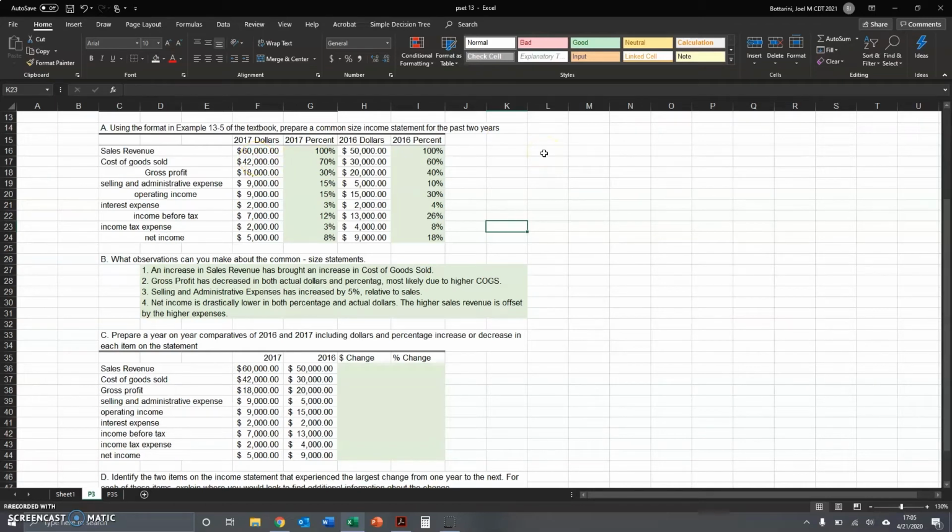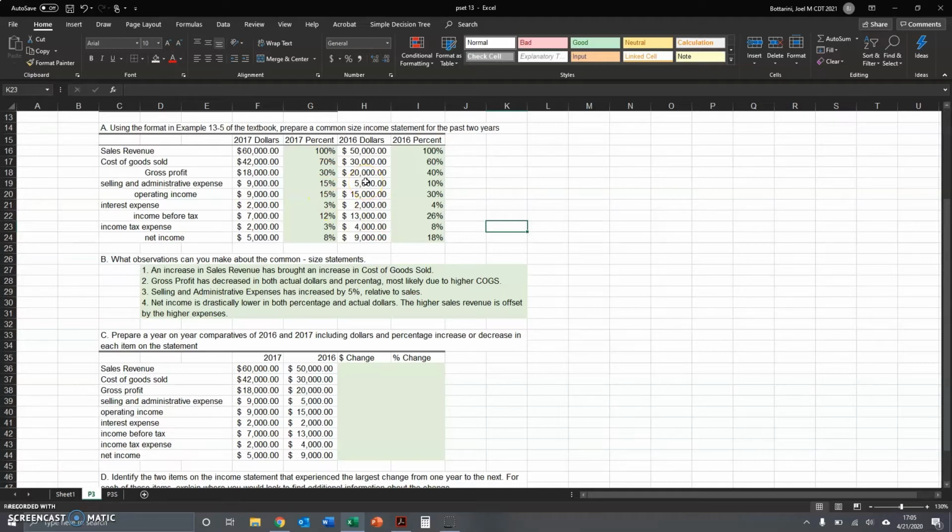And along with this, the cost of goods sold has shot up from $30,000 in 2016 to $42,000 in 2017. This caused a percentage increase from 60% in 2016 to 70% in 2017, giving us an increase of 10%.